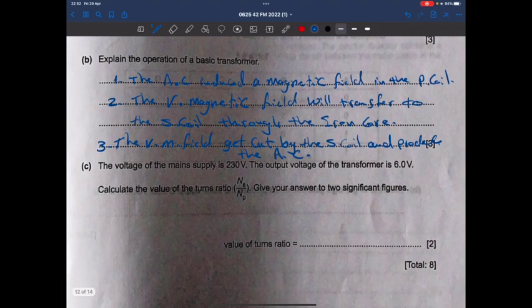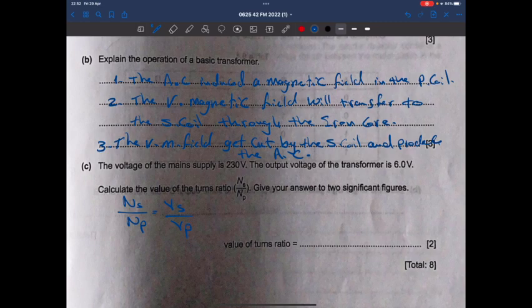The voltage of the main supply is 230 volt. The output voltage of the transformer is 6 volts. Calculate the value of the turns ratio NS divided by NP, give your answer to two significant figures. That's easy because they said NS divided by NP. We have this law: NS divided by NP should equal VS divided by VP.